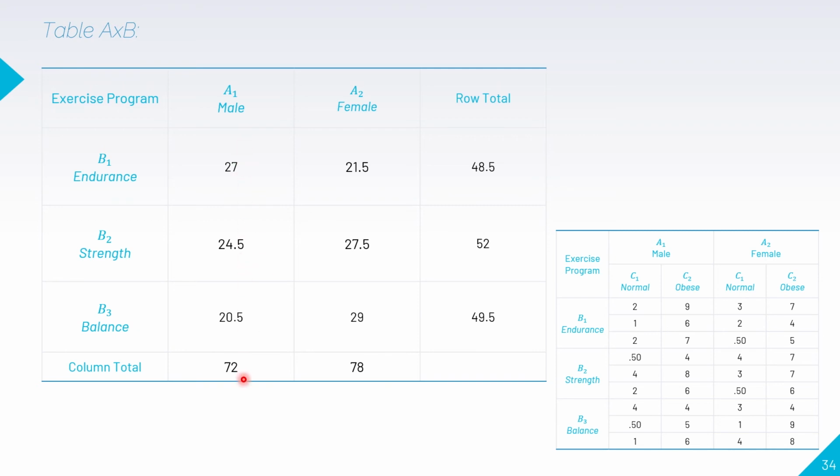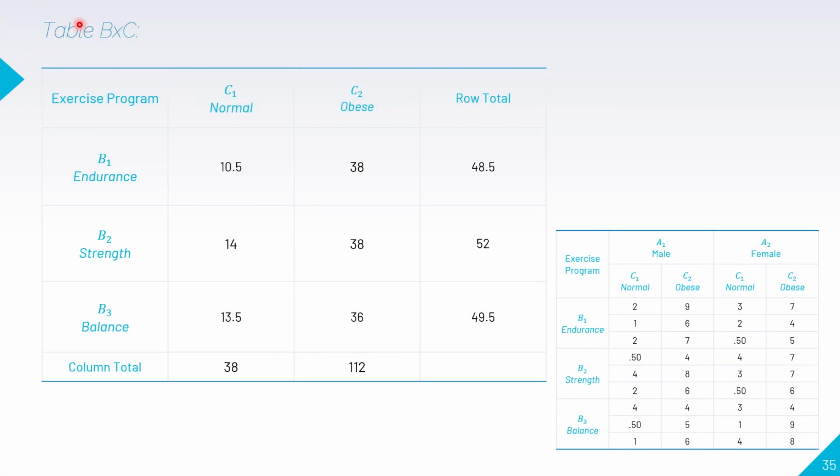And then we have our column total, 72. So this goes in here. 78. This one too, we have 48.5. Our row total: 24.5 plus 27.5 is 52. And we have the row total of our balance, 20.5 plus 29 equals 49.5.